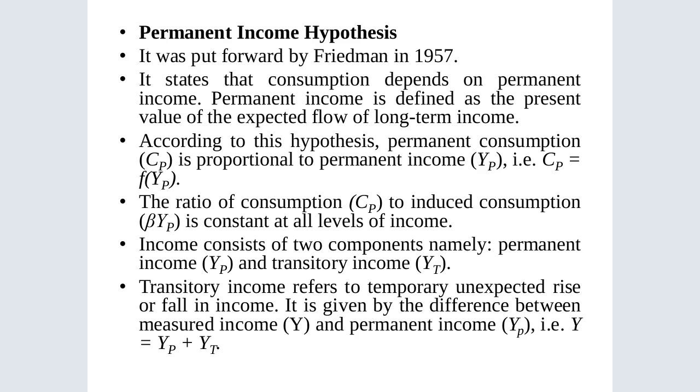The third theory of consumption is what we refer to as the permanent income hypothesis. This hypothesis was put forward by an economist referred to as Friedman in 1957.